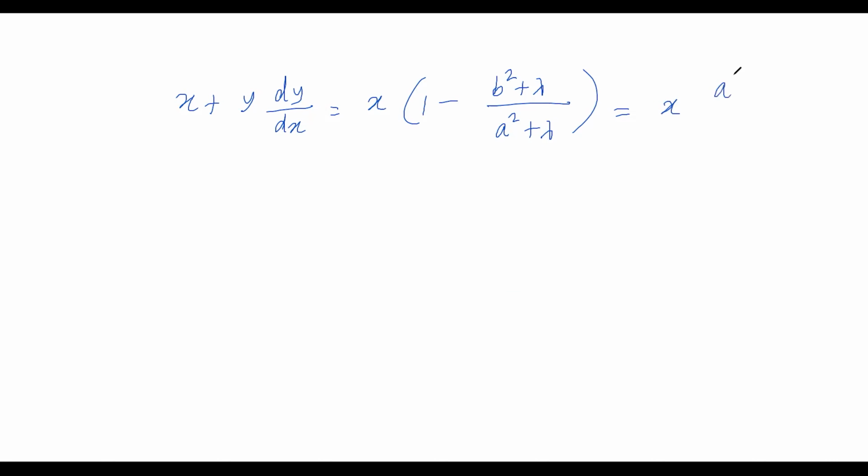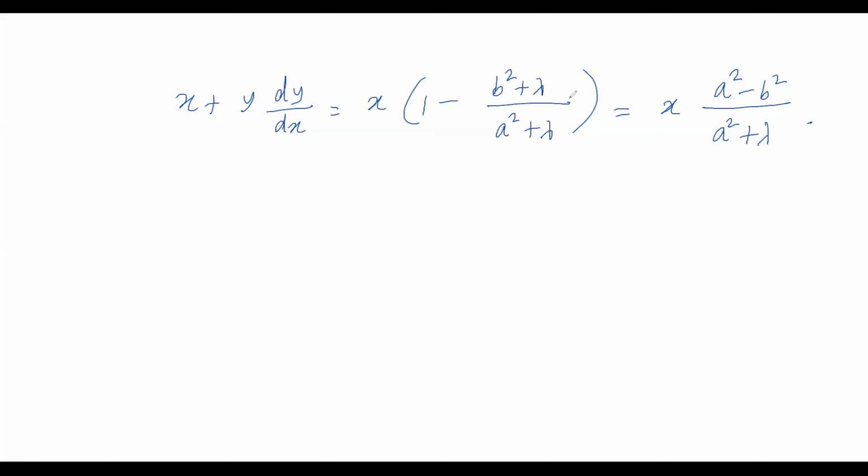If I add x to y dy by dx, I get x times 1 minus b squared plus lambda by a squared plus lambda, and if you simplify, it becomes x times a squared minus b squared by a squared plus lambda.